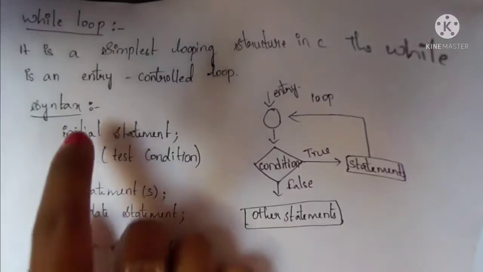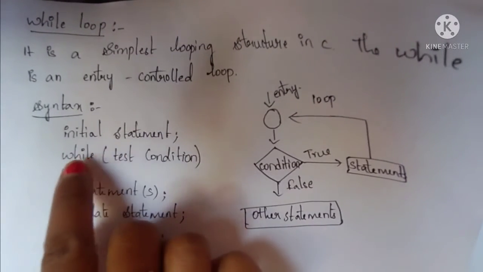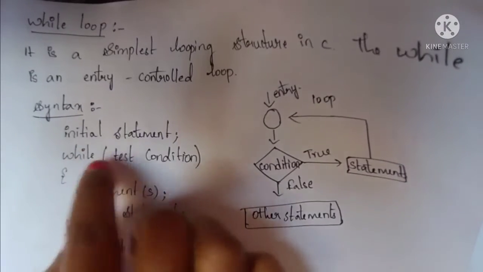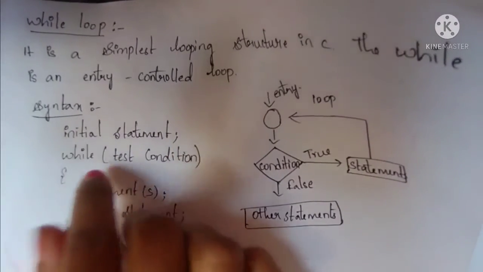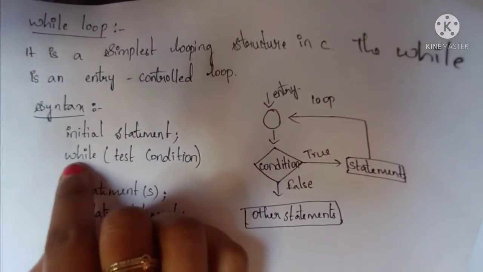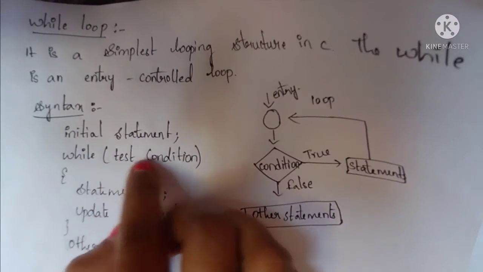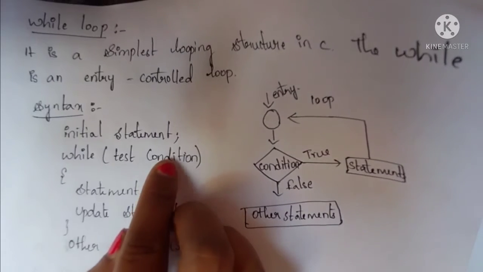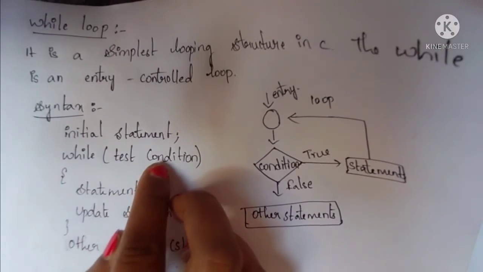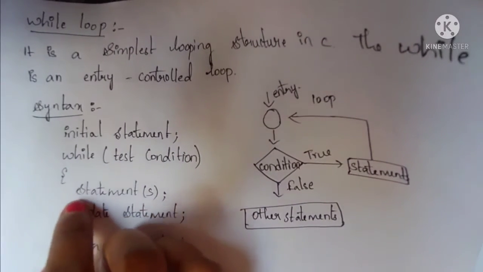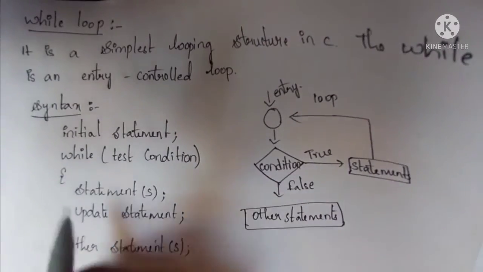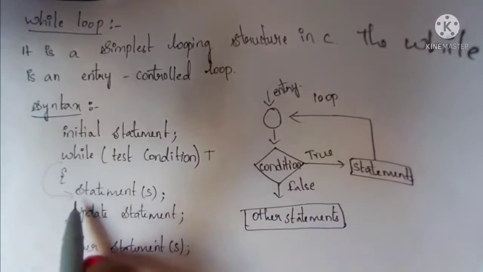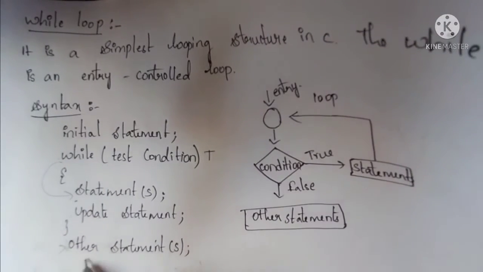First, the initial statement, next while, test condition. Just like we write a condition with if, in the similar way we write the while and the test condition. If this test condition is true, it will execute the statements, or else it will execute the other statements.